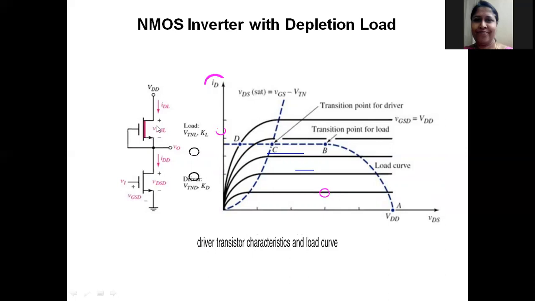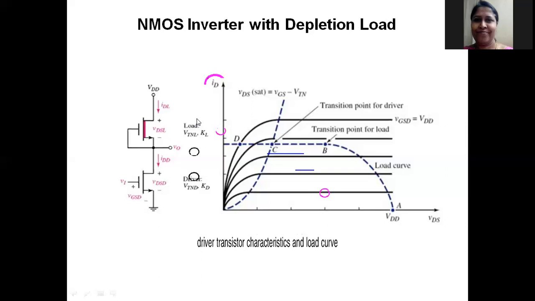There's only one curve for this device. Why is it? It is because VGS is equal to 0. So this device is operating only for one VGS value, whereas this device is operating for multiple VGS values.